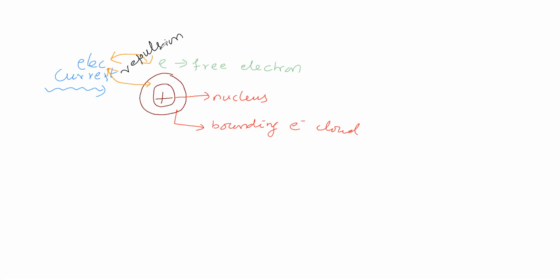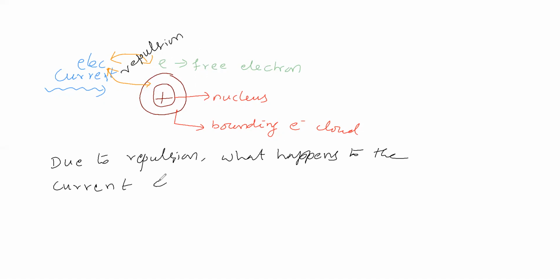Sir, you have some idea. Okay. So due to repulsion between current electron and free electron and bounding electron, what happens to the current carrying ability of free electron of metal atom?